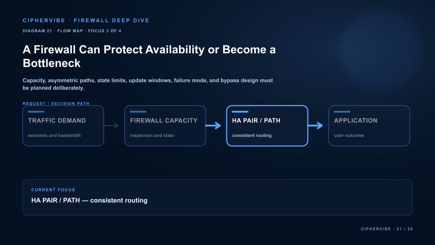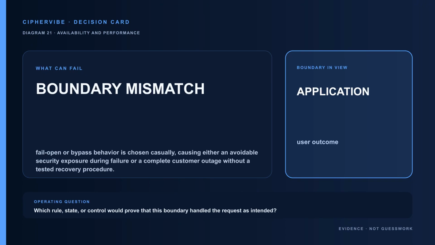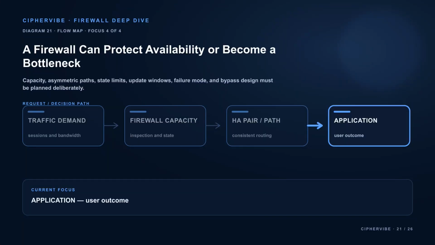High availability is not achieved merely by having two devices. The active path, state synchronization, failover timing, routing convergence, management access, capacity headroom, and recovery tests must match the service objective.